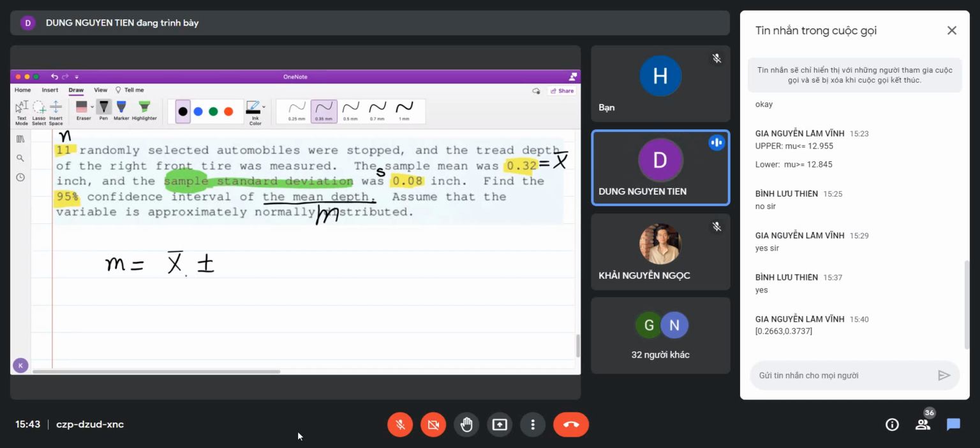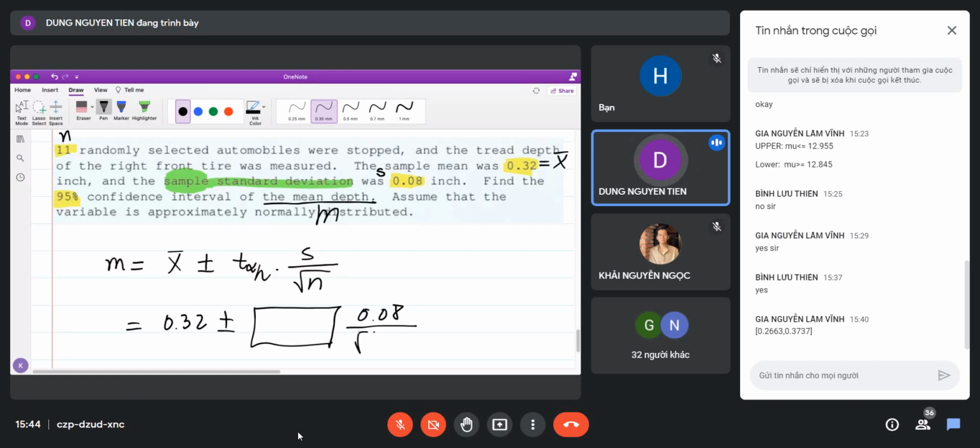So x bar plus or minus the t value times the estimated standard error, which is s over the square root of n. X bar is 0.32 plus or minus the t value, s is 0.08, and n is 11.